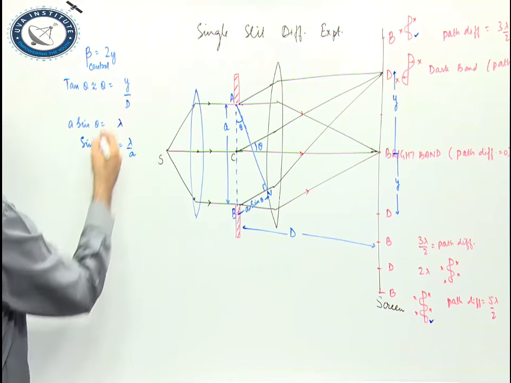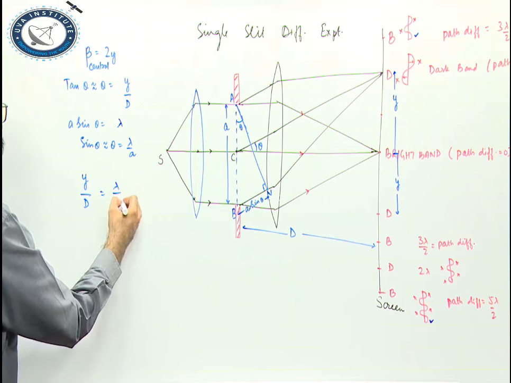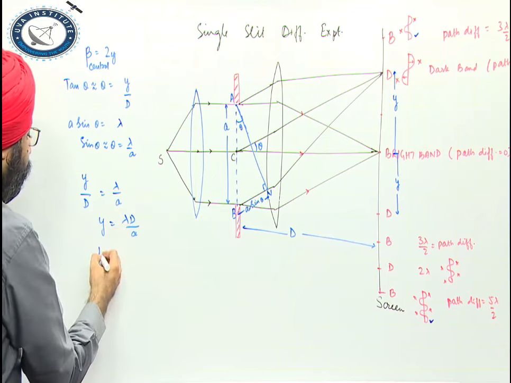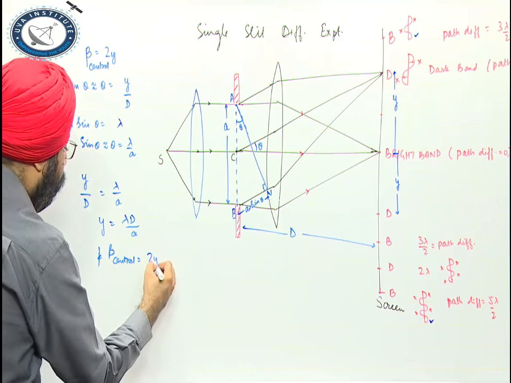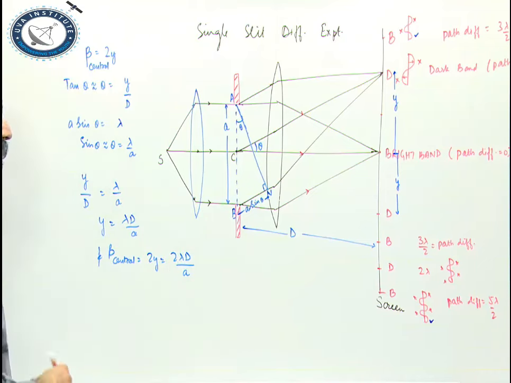So these two values are the same. Comparing them, we get y upon d equal to lambda upon a, y is equal to lambda d upon a, and beta for the central band is 2y, which is 2 lambda d upon a.